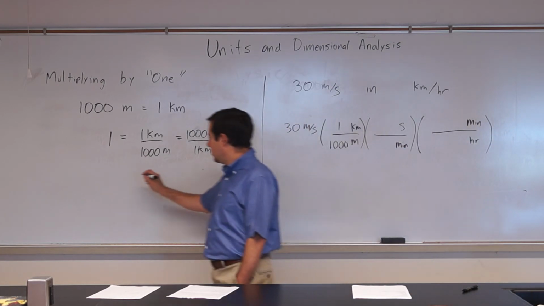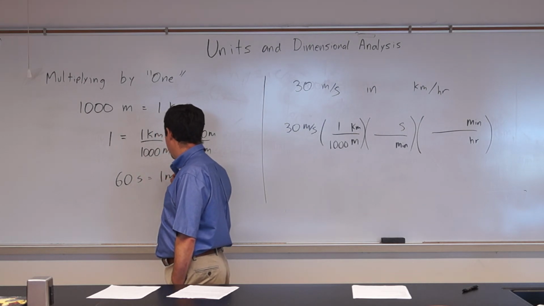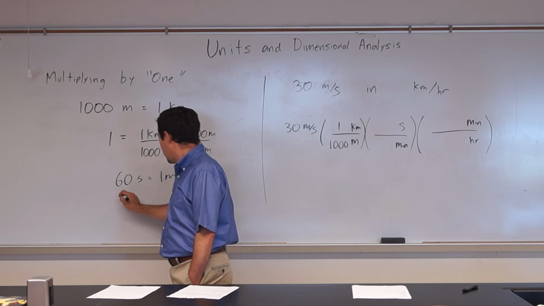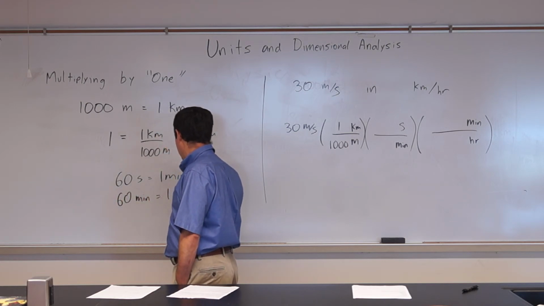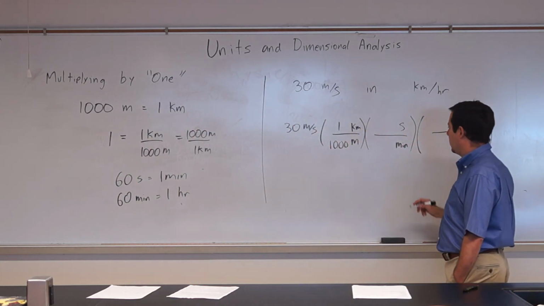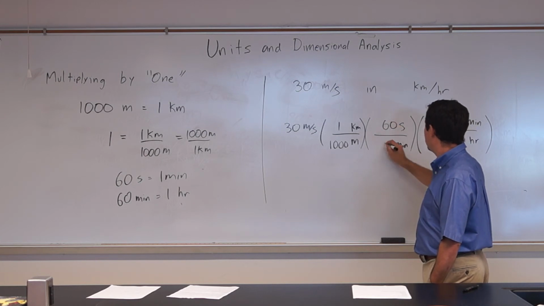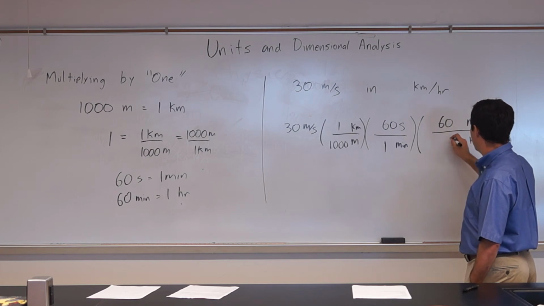And we know that 60 seconds is equal to 1 minute, and 60 minutes is equal to 1 hour. So then we put this in here, seconds to minutes, minutes to hours. 60 seconds is 1 minute. 60 minutes is 1 hour.